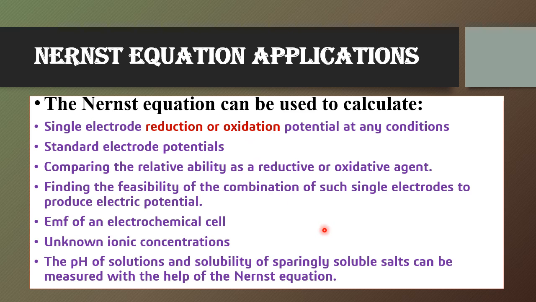And we can also identify a single electrode that can produce the electric potential. We can also measure the EMF of an electrochemical cell. We can determine unknown ionic concentration. Besides this, we can also measure the pH of a solution. The solubility of sparingly soluble salts can also be measured through the application of the Nernst equation, but for that we have to use an electrochemical cell.